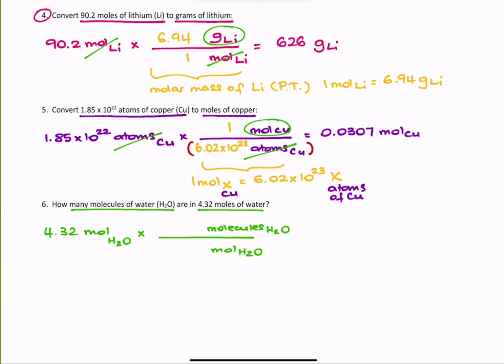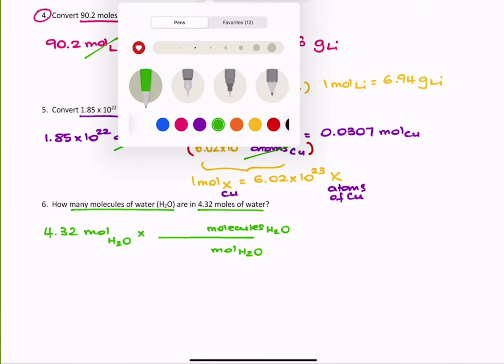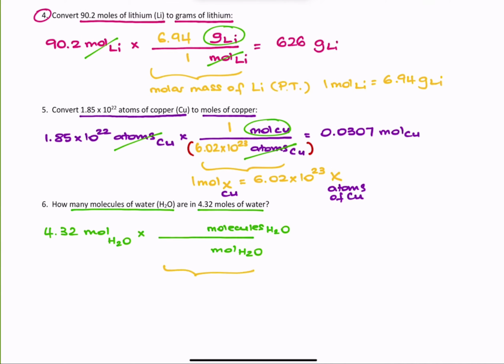Notice that before we were talking about the copper atoms and a mole of copper. Now a mole of water molecule and how many molecules. Therefore, this information is the same. It's the definition for the Avogadro number. 1 mole of water contains 6.02 times 10 to the 23rd H2O, but this time are molecules.